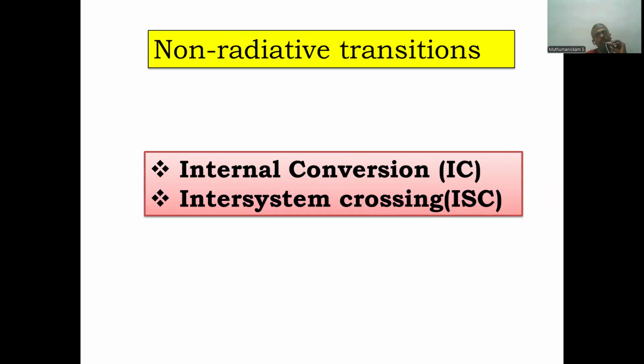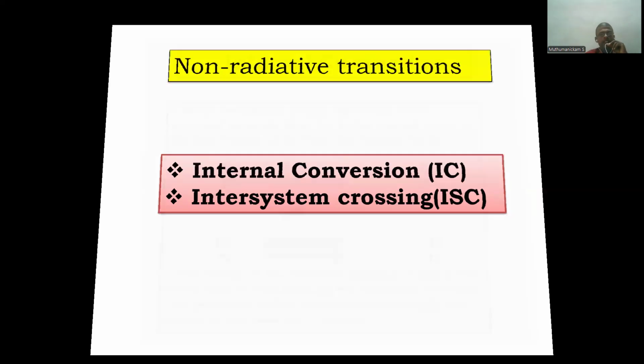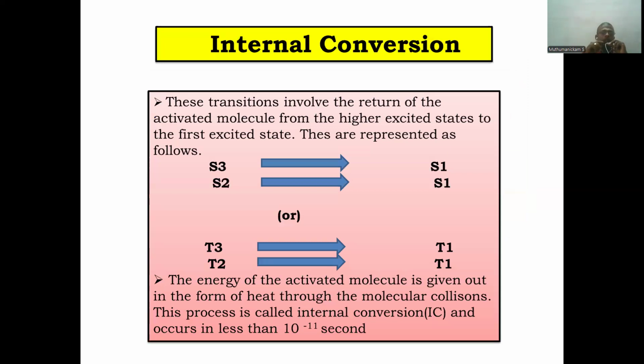In non-radiative transitions, there are two types: internal conversion and intersystem crossing. Internal conversion involves the return of the activated molecule from a higher excited state to the first excited state. For example, when the molecule or electron is in S3, it returns to S2 or S1, that is, S3 to S1 or S2 to S1.